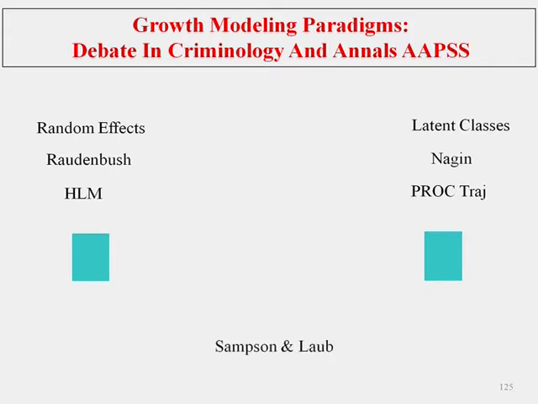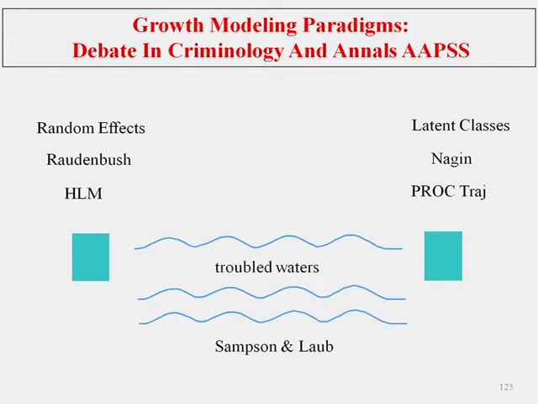So there was a discussion in the criminology literature by Sampson and Laub about which approach is most suitable, and I think they were critical of the Nagin approach. There were some troubled waters here that you could see in the literature.